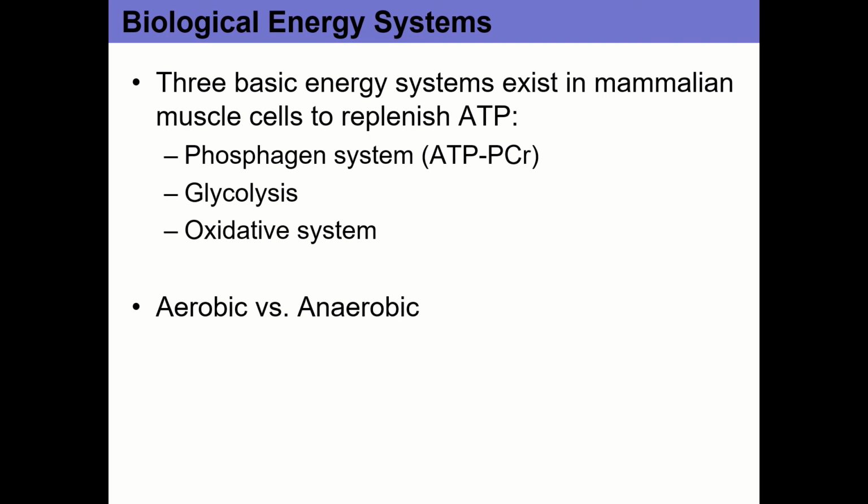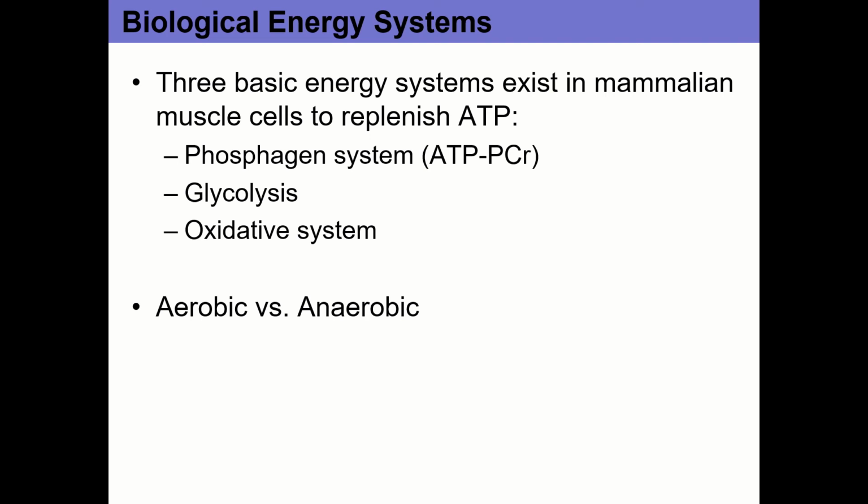And then there's the oxidative system. So we do break down glucose. Eventually the products of glycolysis go through the oxidative system, but glucose first has to go through glycolysis, and then if there's oxygen available, the products of it go through the oxidative system. Anything aerobic means that it involves oxygen. Anything anaerobic is without oxygen.